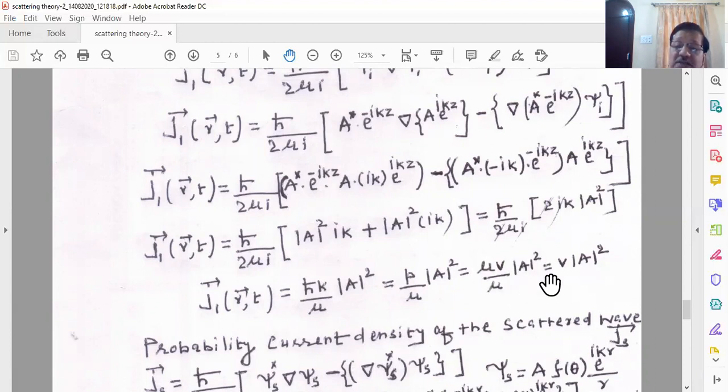This μ cancels, so it gives you v, the velocity of the incident particle, into mod of A square. So the probability current density of the incident wave is v mod of A square. So this is the expression. These are simple calculations. I mentioned all the steps. These steps are not given in the textbook, but you can write them down.